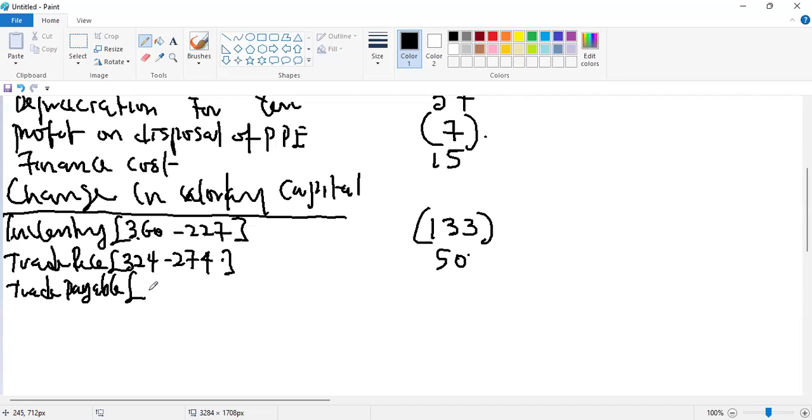At the end is 274. 352 minus 274. Don't forget, a decrease in liability is a cash outflow. Outflow of how much now? 78.